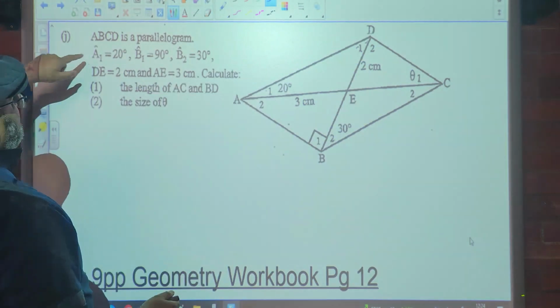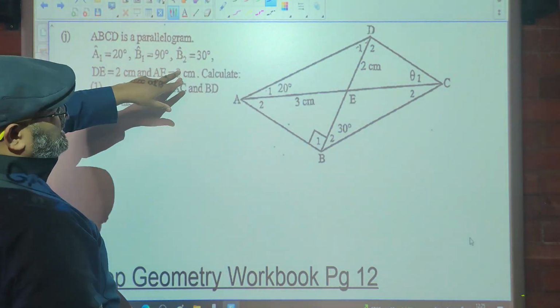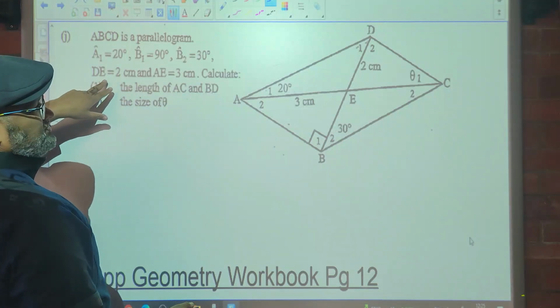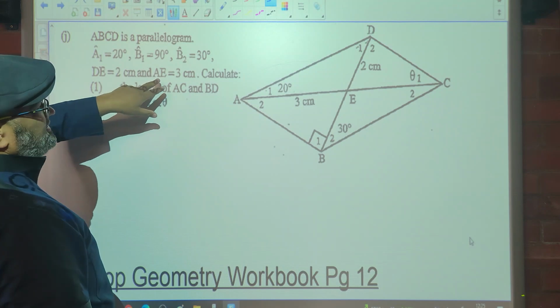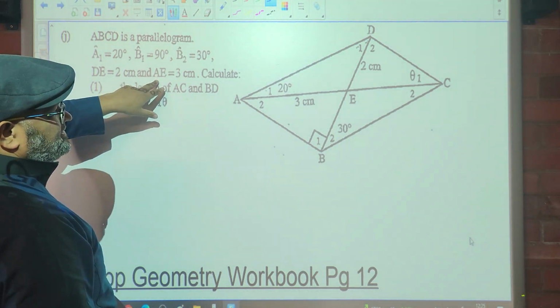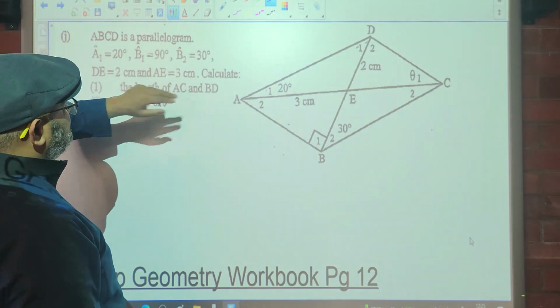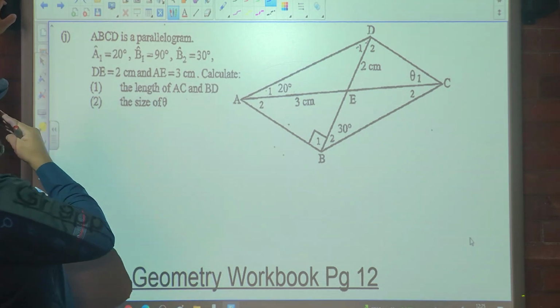Okay, so let's go. We are told that angle A1 is 20, B1 is 90, B2 is 30, DE is 2, EA is 3. Calculate the length of AC and BD.